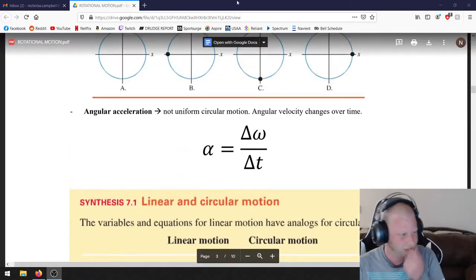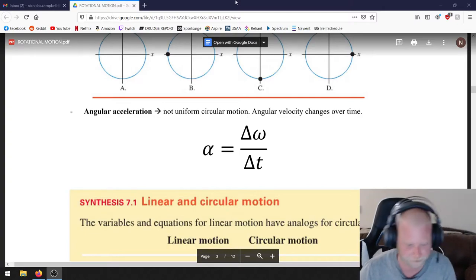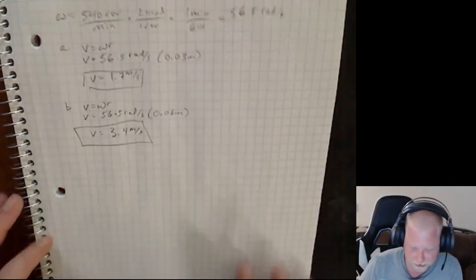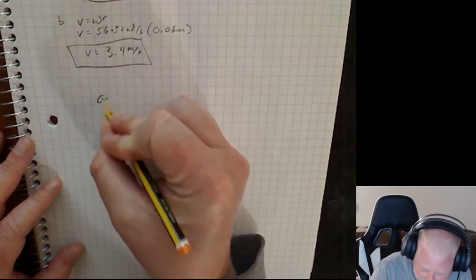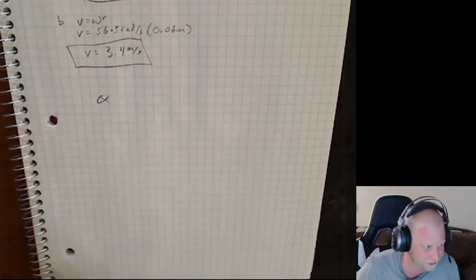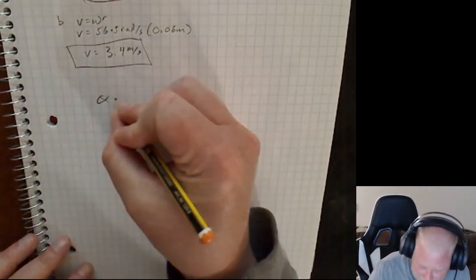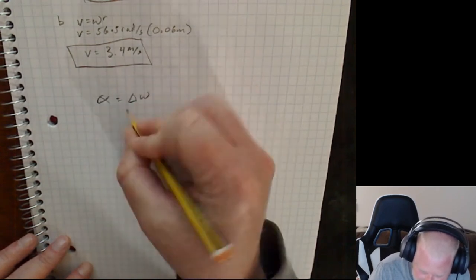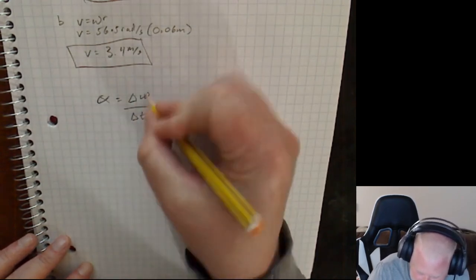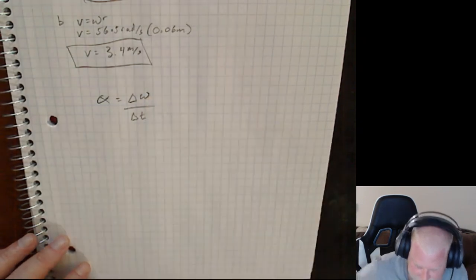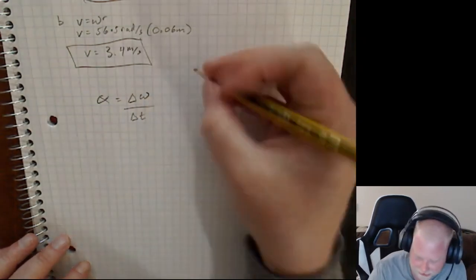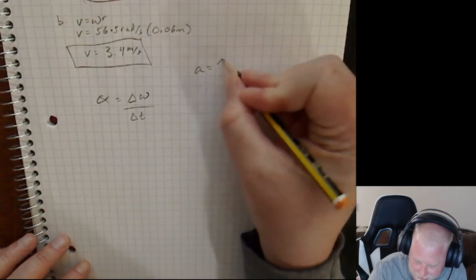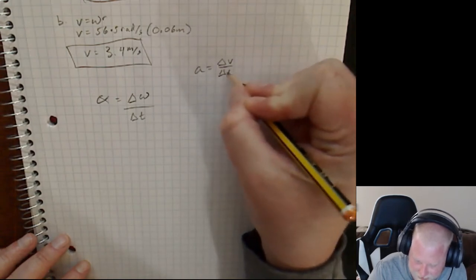Alright, so the last thing we want to look at is angular acceleration. Angular acceleration is represented by the Greek letter alpha. It is a change in angular velocity over a change in time, just like our linear acceleration was a change in velocity over a change in time.